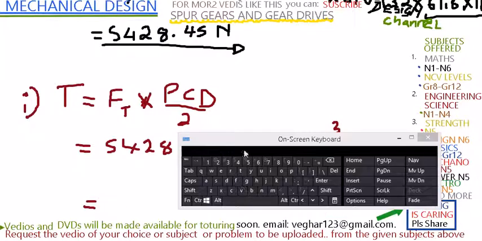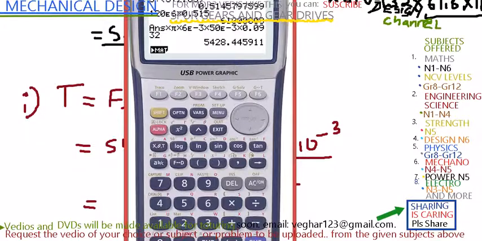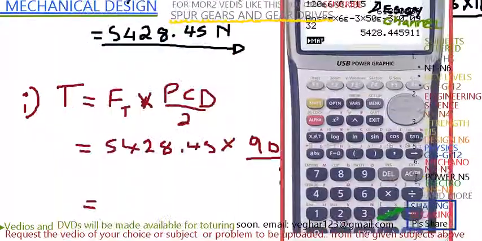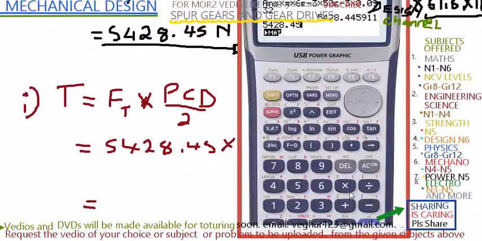You have something like 5428.45 multiplied by 90 exponent negative 3, divided by 2.